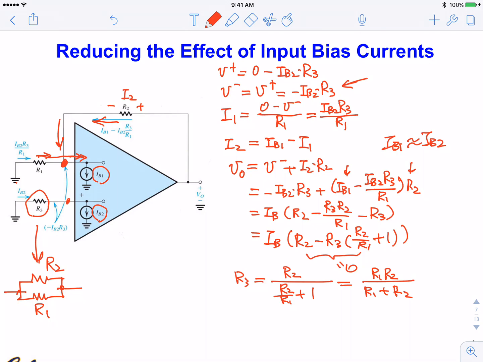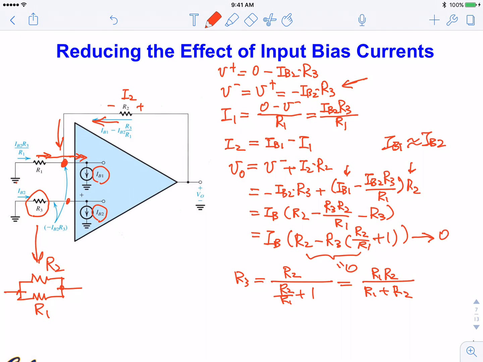Okay, so if we make this choice, then this approaches 0. However, they are not really 0, and you will trace that.